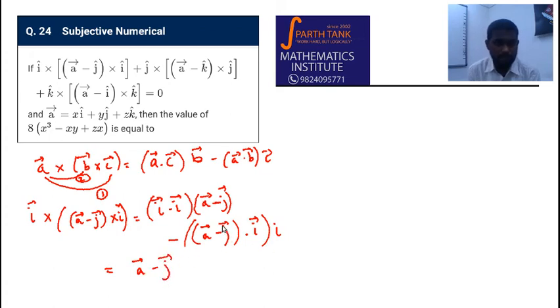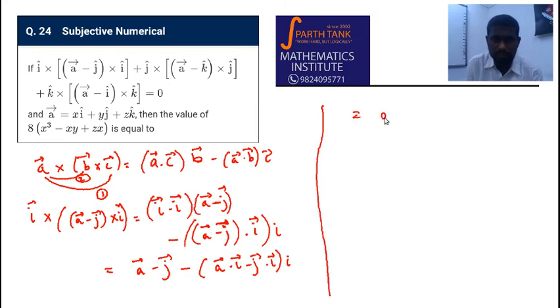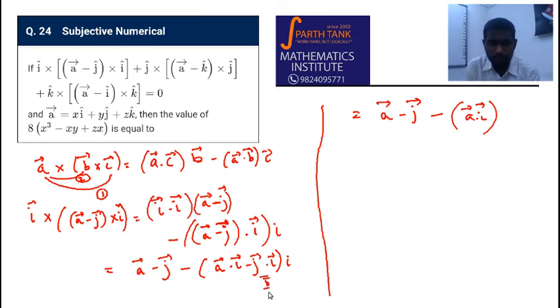Here what I have is A minus J dot I into I. Now A minus J dot I is nothing but A dot I minus J dot I into I. So this becomes A minus J minus A dot I. But you know J dot I is 0, right?